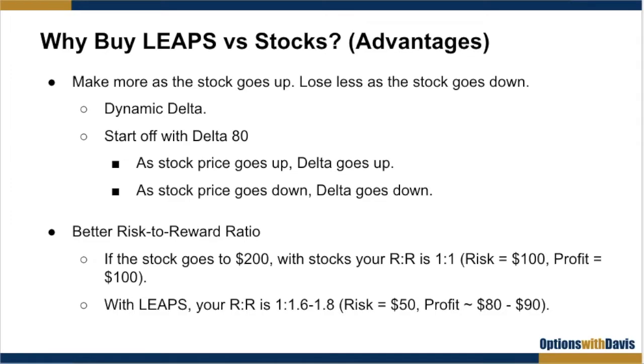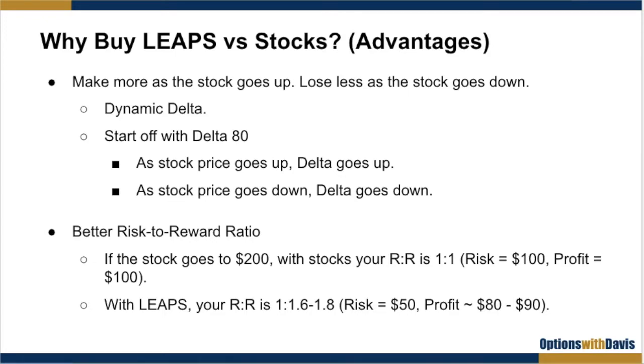All right. So let's say you have a stock at $100, and the stock goes to $200. That means you make $100, and your risk is $100. Then your risk to reward is 1:1. But with LEAPS, your risk to reward is slightly better because your risk is $50, and if the stock goes up by $100, your profit is not $100, but you're very close to it because your delta by then should be around 90.